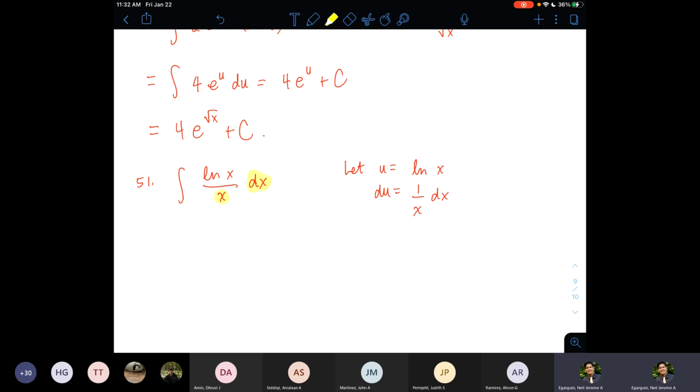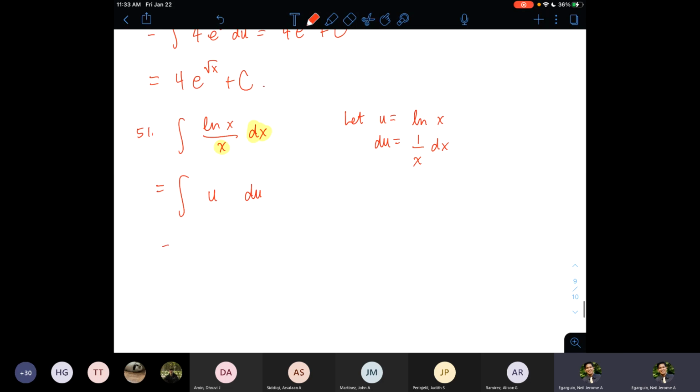And nice enough, we have that, right? The 1 over x that's present in there. So that will be our du. And then ln x is simply u. And this would be the integral of u, just u squared over 2 plus the arbitrary constant c. And this would be ln of x, quantity squared, all over 2 plus the arbitrary constant c.